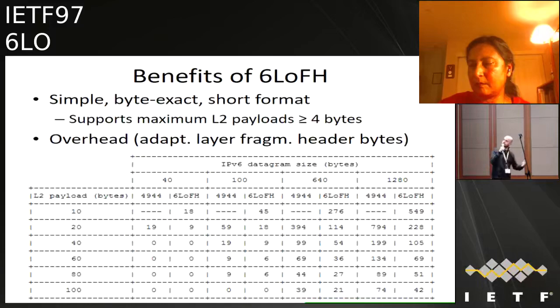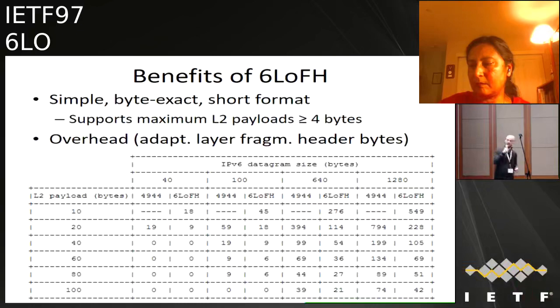And it offers an overhead decrease, which is significant. Here we have a study which is found in the annex of the document, where we compute the overhead in terms of adaptation layer fragmentation header bytes in order to carry an IPv6 datagram of one of these sizes considered in the table over a link layer payload, which varies from 10 to 100 bytes here.